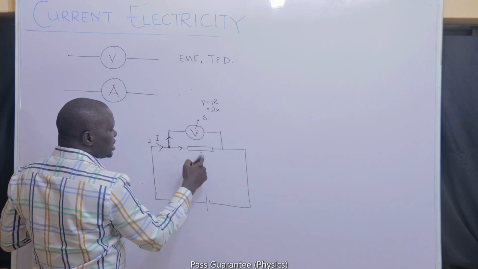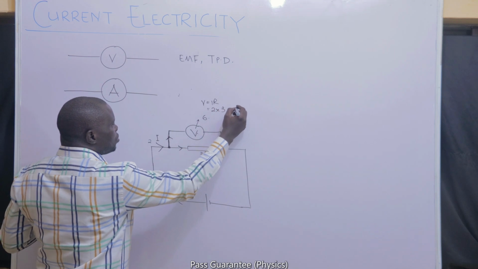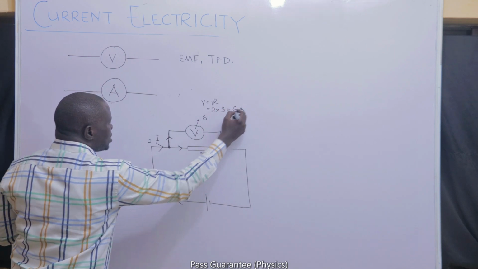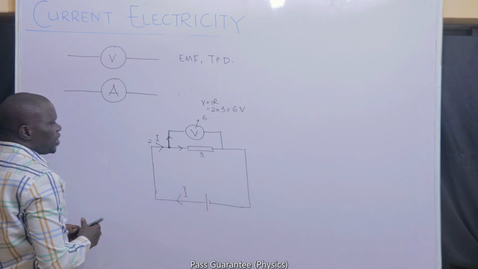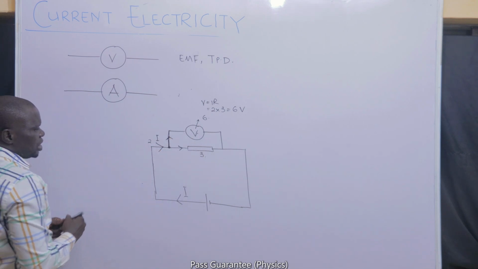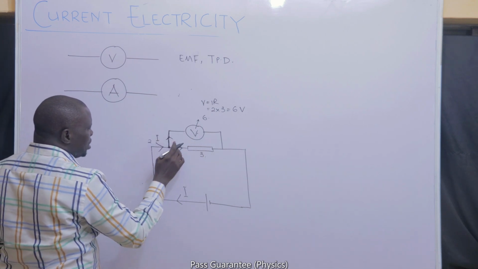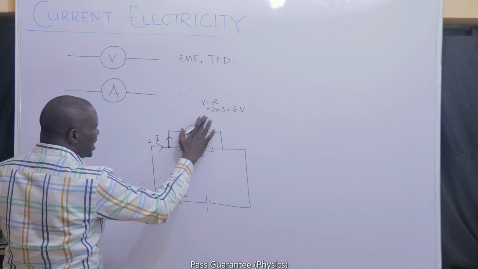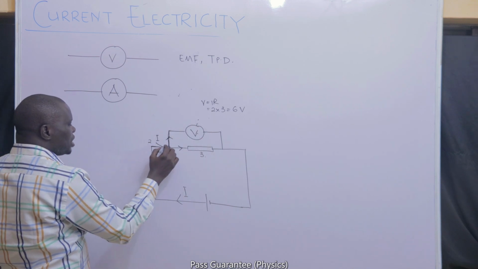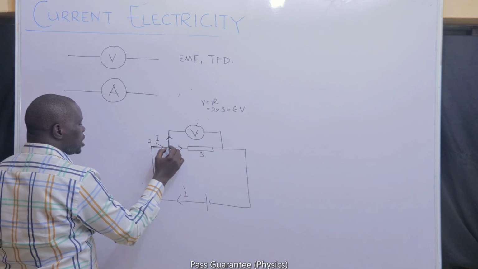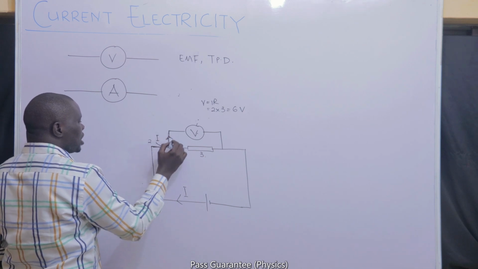The resistance itself is 3. If we multiply them, we should have 6 volts. So we expect this voltmeter to record a value of 6 volts. But if it has been made with a material whose resistance is very low, we know for sure that when current gets to a junction, more current will go through the path with the least resistance.